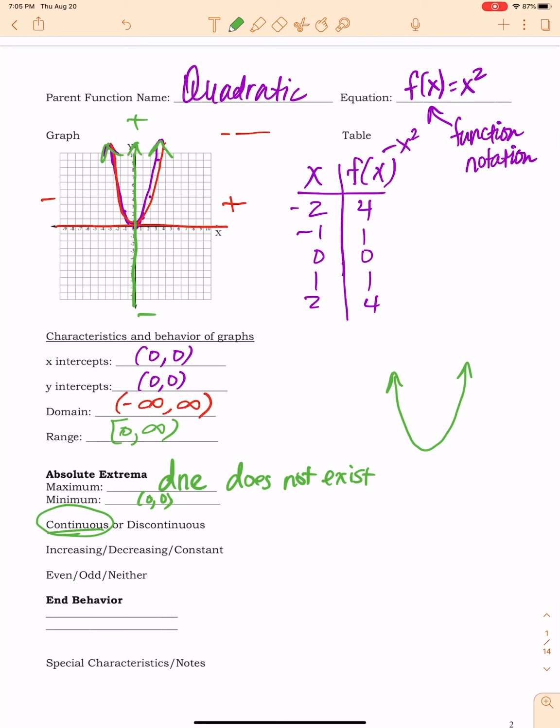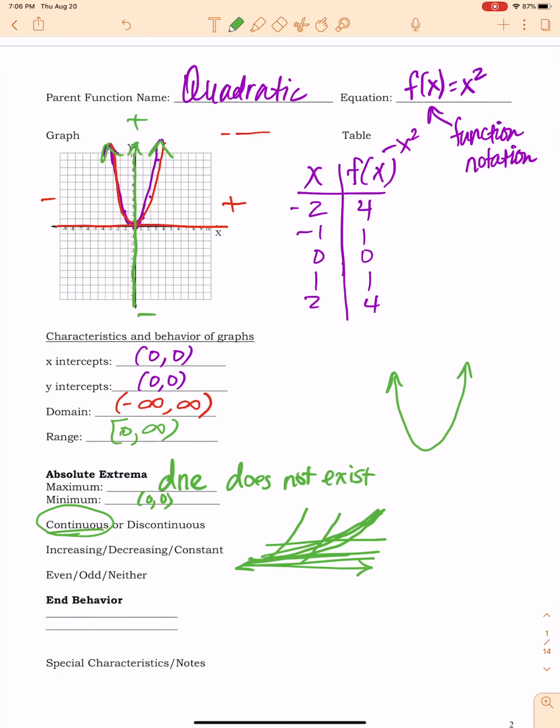Okay, increasing, decreasing, or constant. Well, if a graph is increasing, that means it's doing this from left to right, some kind of action where it changes course along the x-axis. As you move to the right, if it's going up, then we're going to be increasing.